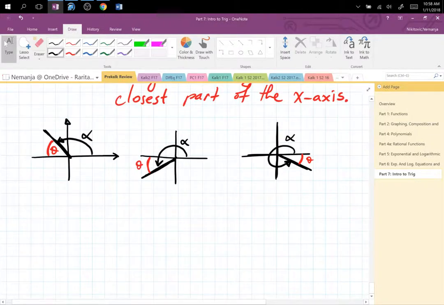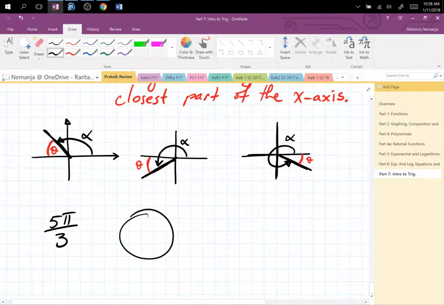So say you have 5 pi over 3. What is the reference angle? All right, let's do it. We have our circle, and we have our pi over 3 situation.